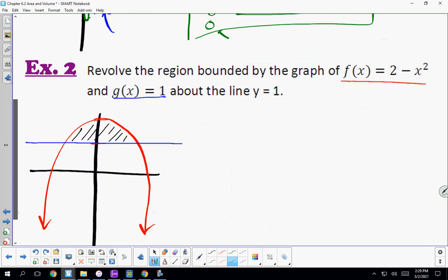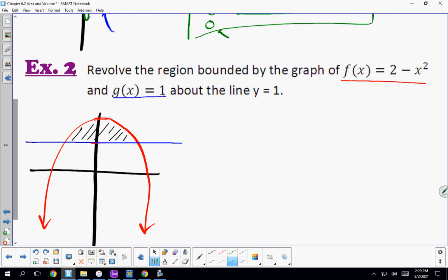Okay, for our next example, we're revolving the region bounded by a quadratic function around a line rather than an axis. So here, again, we see this word revolve. That's how we know we're making the circular shape. And this is our axis of rotation.